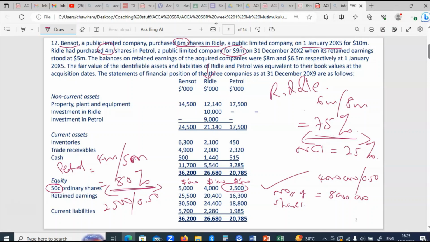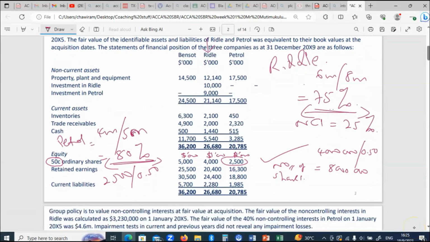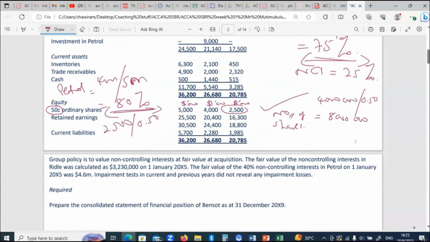Now, you need to know the association of these figures. Let me try to enlarge my screen here and go to the next page.